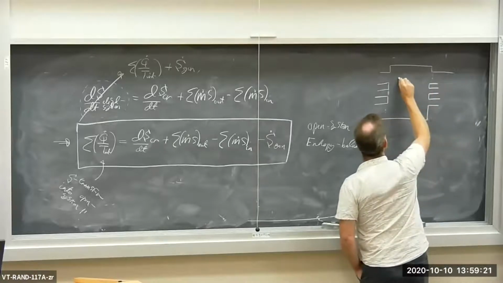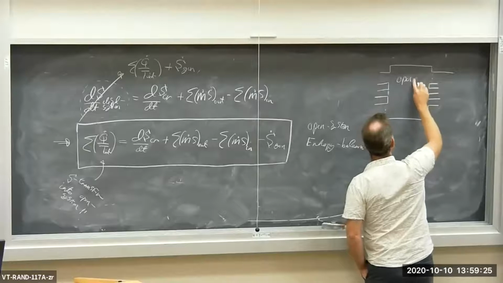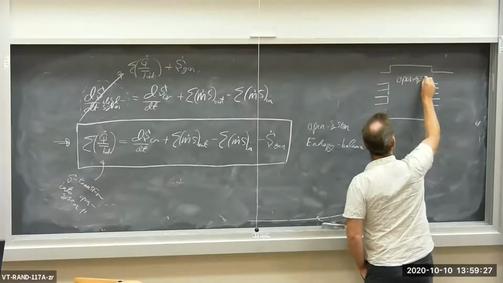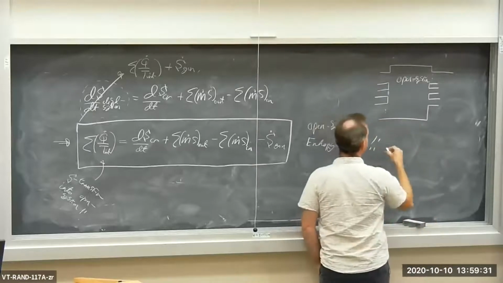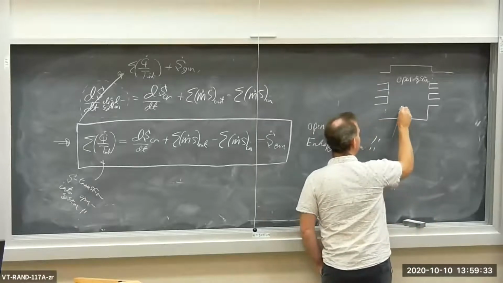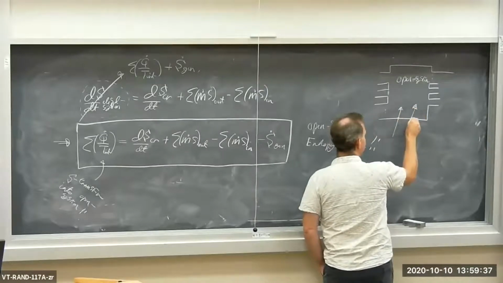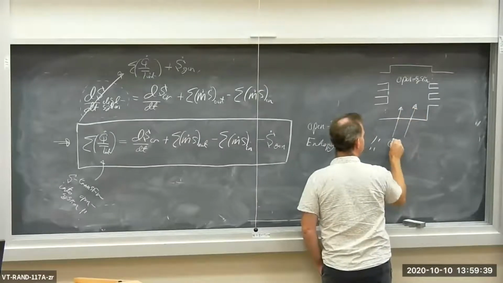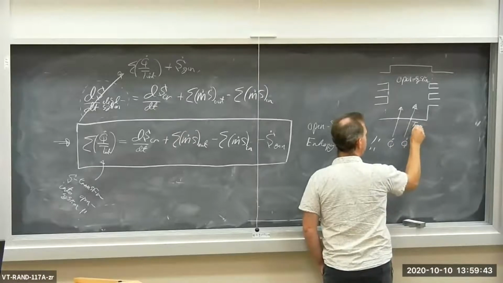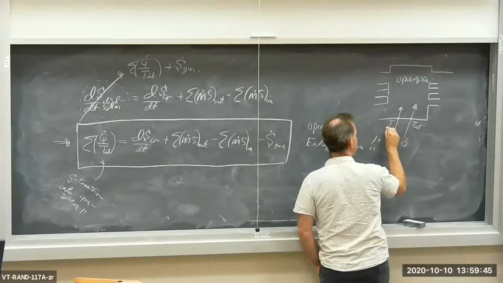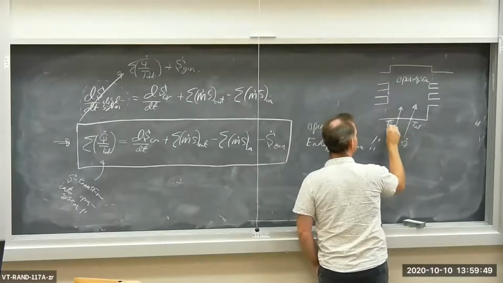So we have an open system. This open system experiences various kinds of heat transfers at various interaction temperatures. So we have a Q dot, another Q dot. We have an interaction temperature for that Q dot and an interaction temperature for that Q dot.